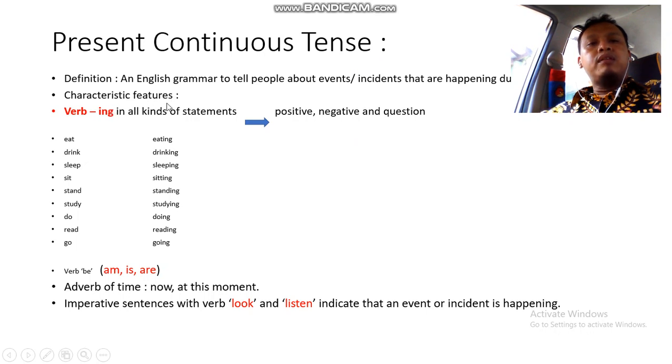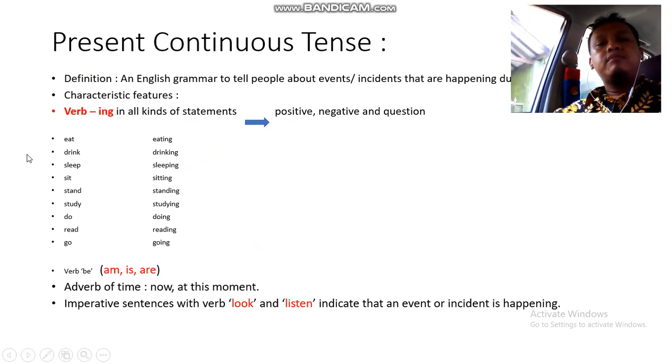And what are the characteristic features of present continuous tense? There should be verbing in all kinds of sentences, whether positive, negative, or question.